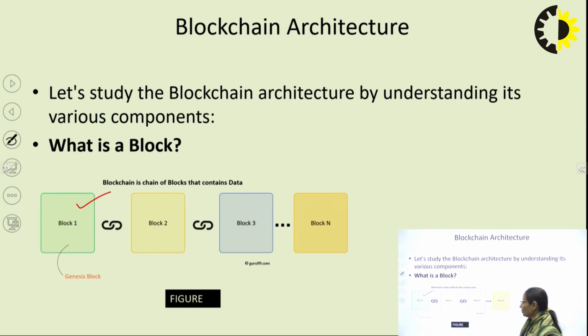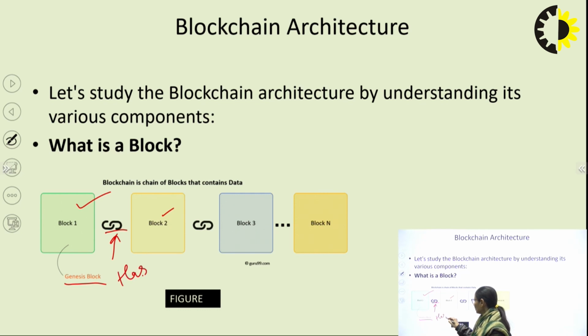The first block is always termed the genesis block. Every blockchain has its own genesis block. Then we chain it with another block. This chaining is created with the help of a hash algorithm, then block 2, block 3 and so on.